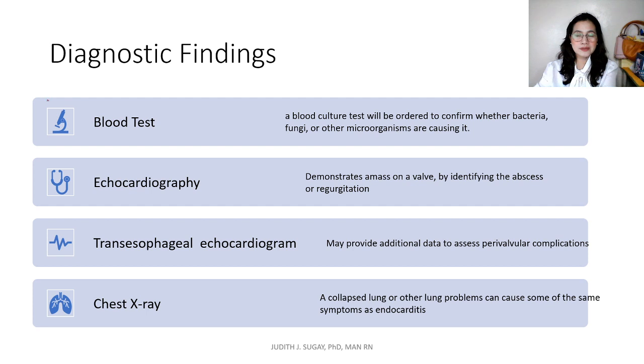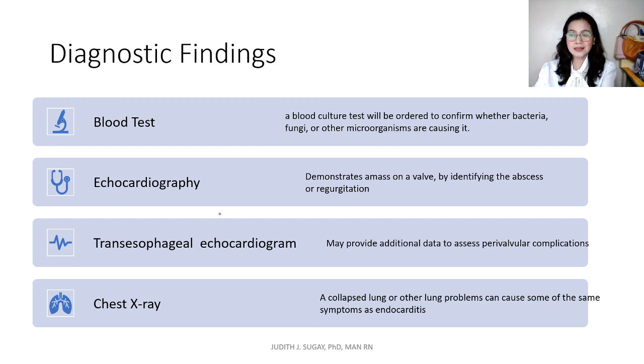For the diagnostic findings, if the doctor suspects that you have endocarditis, he or she will order a blood culture to confirm the type of bacteria, fungi, or any microorganisms causing the infection.